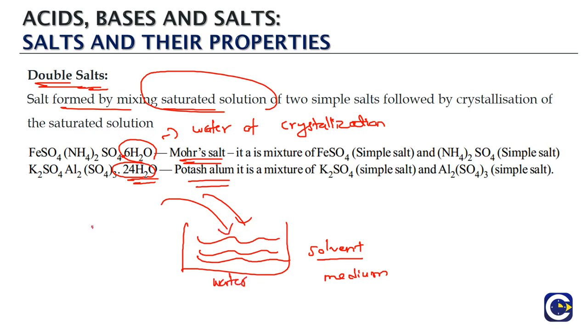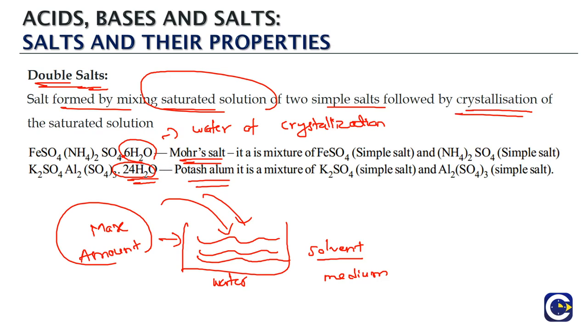If we have dissolved the maximum amount of the salt, then that particular solution will be called a saturated solution. So we take the saturated solutions of two simple salts and mix them and then crystallize. Then we are going to be getting the double salts.